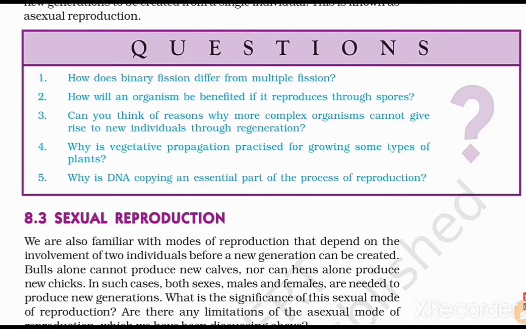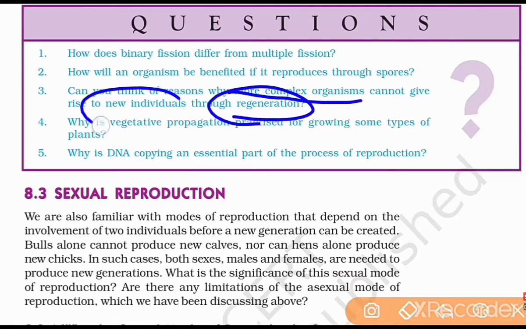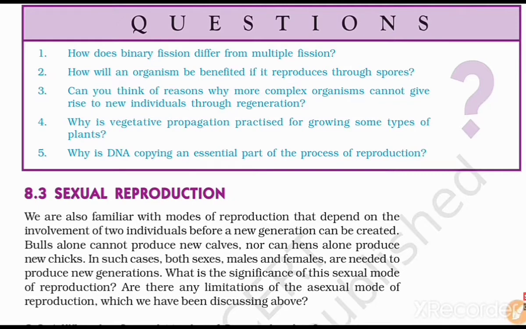Can you think of the reason why our complex organisms cannot give rise to new individuals through regeneration? Okay, human beings cannot undergo the regeneration method. Okay, a new individual cannot be grown. And why is vegetative propagation practiced for growing some types of plants?